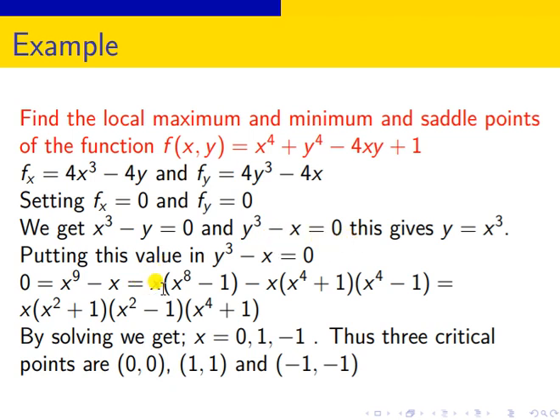We take the common factor and do some calculations, and we make it 0, and we get the values of x as 0, 1 and minus 1. Thus these three are the critical points. When x is equal to 0, y is also 0, because y is equal to x cube.